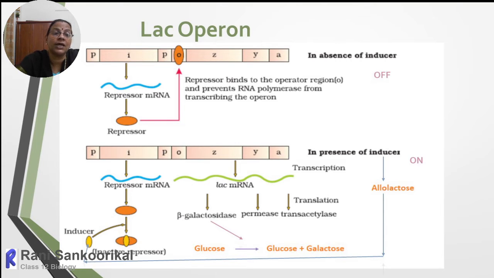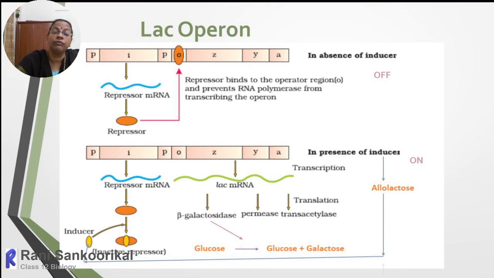Here this is the I gene, where I stands for inhibitor, and that gene is constitutive. Here we have to recall the difference between constitutive and luxury genes. So I gene means it is always expressed.